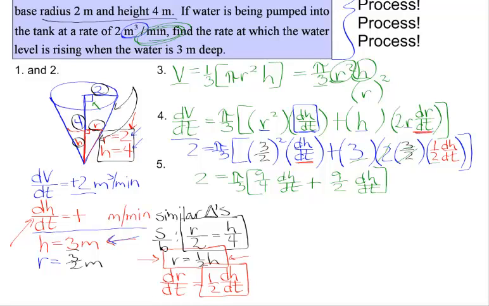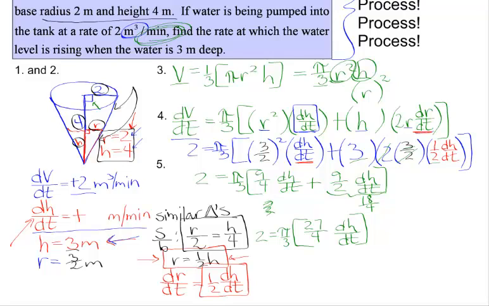Now I have like terms. I have 9/4 dh dt's and another 9/2 dh dt's. If I was going to write this with a common denominator of 4, that would be 18/4 times dh dt. So 2 must equal pi over 3 times 9/4 plus 18/4 is 27/4 dh dt.